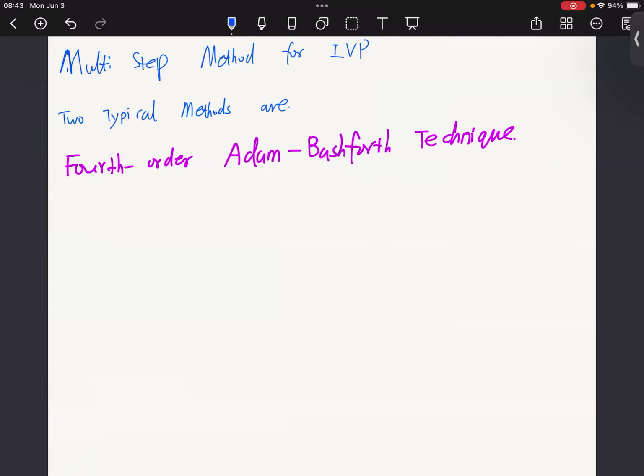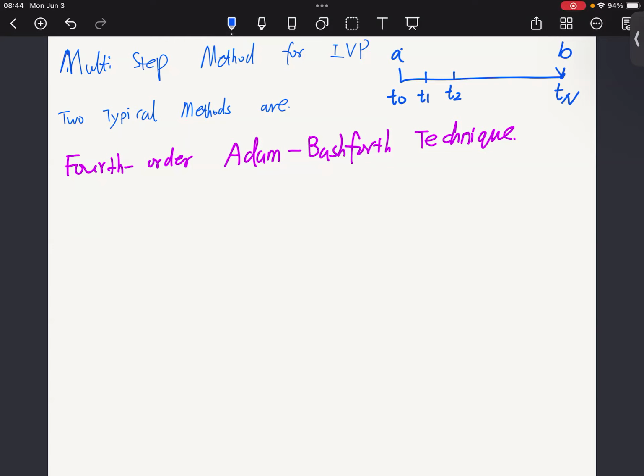So let's say we already have the first several steps of information. We still divide the time interval, A to B, into T0, T1, T2, up to Tn. Which means we want to approximate the Y values at the node points T0, T1, T2, Tn.